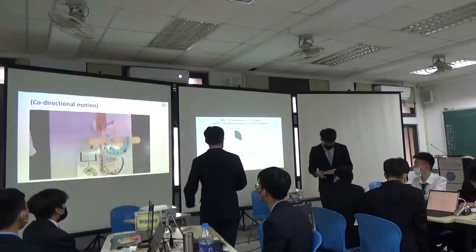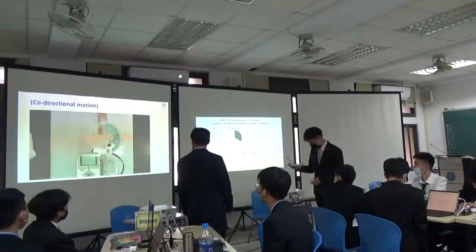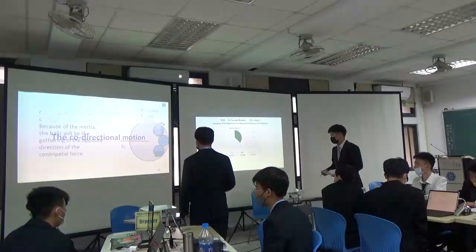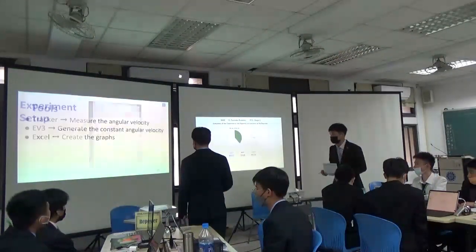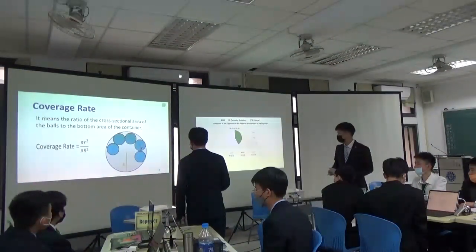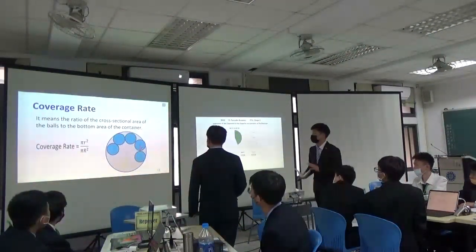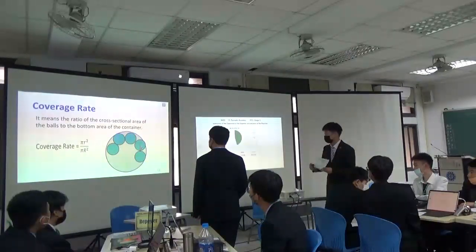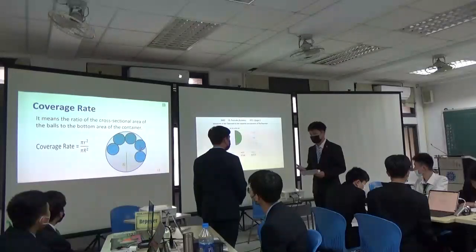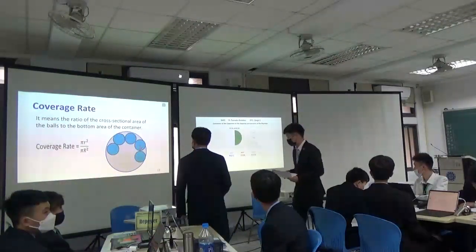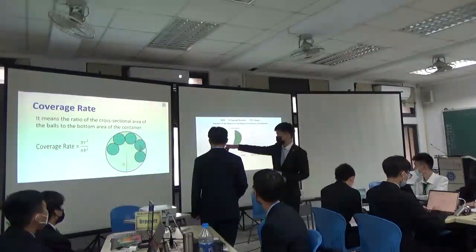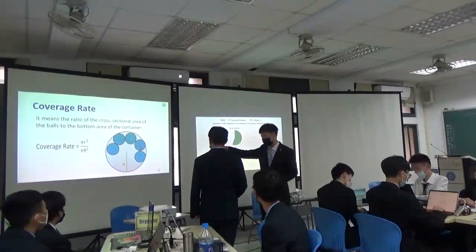But okay. Please turn to page 13. You say that the cover rate of the marble is an important parameter, right? Yes. Have you considered that if you put a lot of marbles in this container, there will be a margin between those marbles?